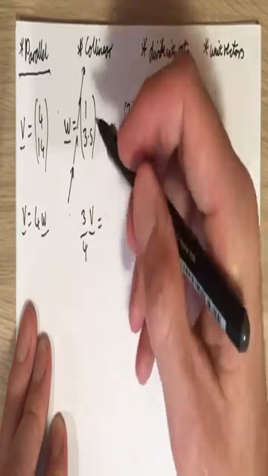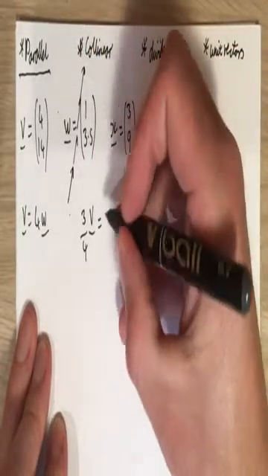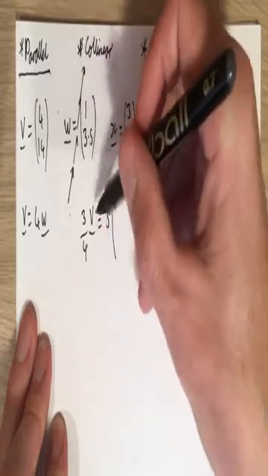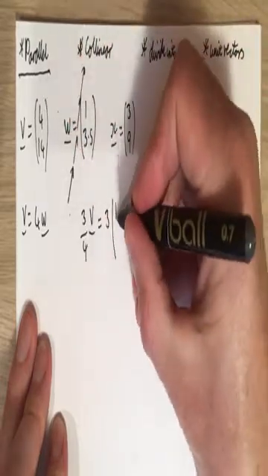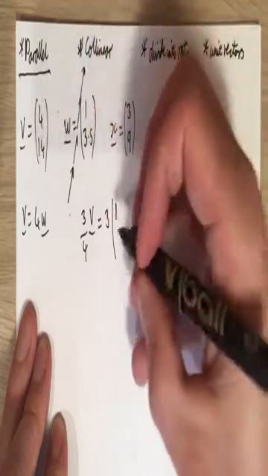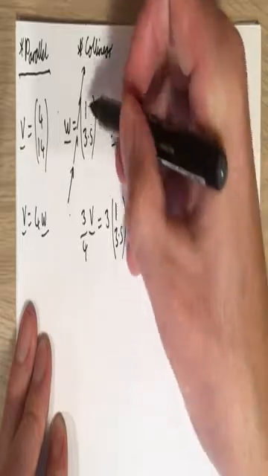Okay, so let's have a look. V divided by 4 is going to be 1 on top, and 14 divided by 4 is going to be 3.5. Oh yes, we knew this because this is W, right?